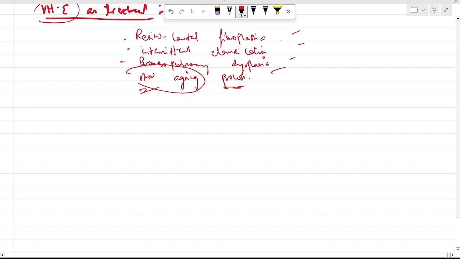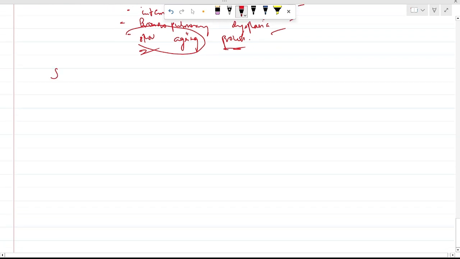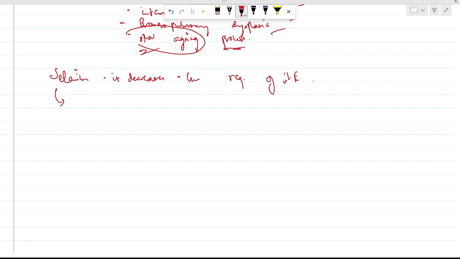Now you see an important fact here: the metal selenium decreases the requirement of vitamin E. Why? Because selenium is present in glutathione peroxidase.